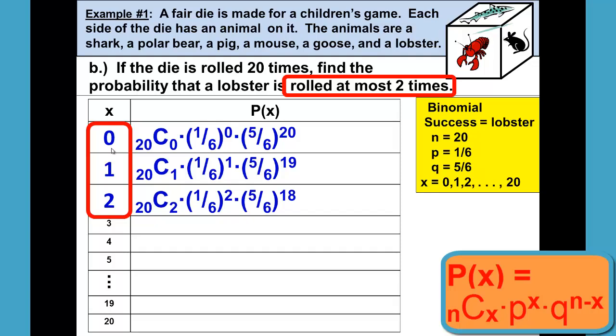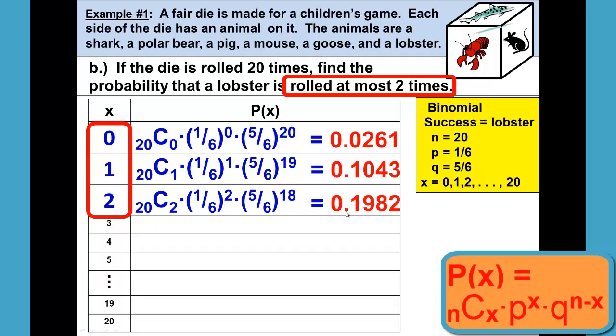For x equals 1, that would be 20 choose 1 for 1 success, times 1/6, the probability of success, raised to the first power for 1 success, times 5/6, the probability of failure, raised to the 19th, because we have 20 minus 1, or 19 failures. And then the same formula that we had in the previous screen for our probability for x equals 2.